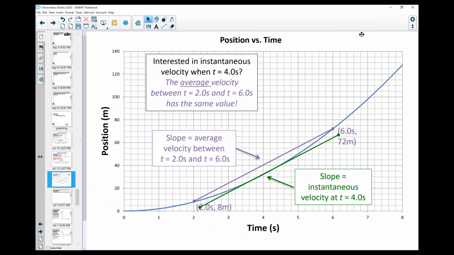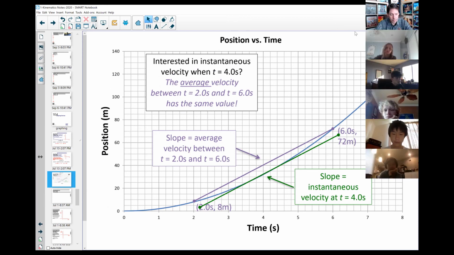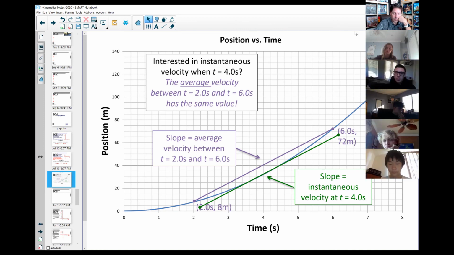Now, someone unmute and remind us, what is the benefit of using a secant even though it doesn't give us instantaneous velocity directly? You can find the average velocity between two points that are really close. Oh, no, wait, you can find the midpoint of the average velocity, and then find the slope of the instantaneous velocity.